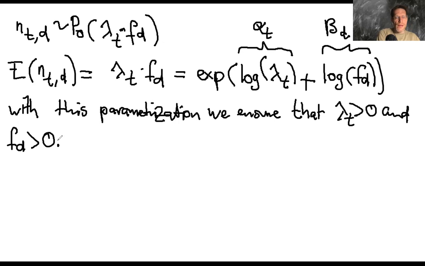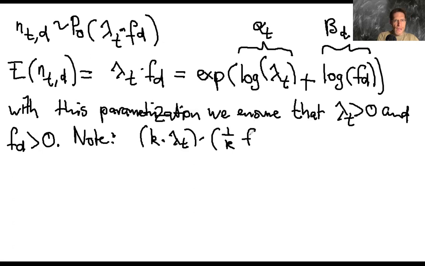So one small technicality is, of course, that it's not a unique parameterization. Note that if I had taken k times lambda t and then simply said it's 1 over k times fd, then the result would still be lambda t fd.